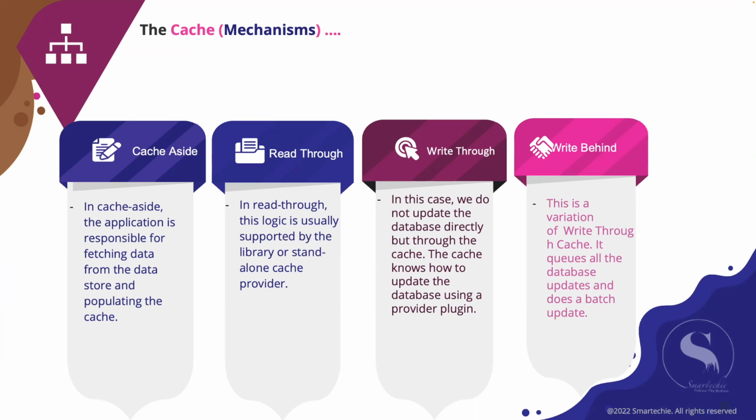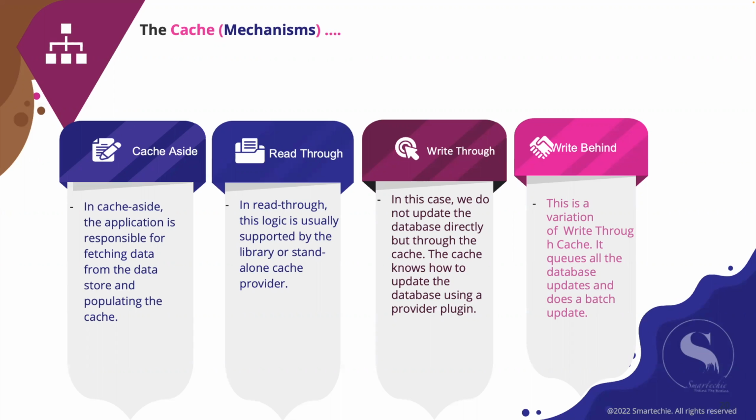So the first mechanism is the cache aside model. In this model, the application requests data from the cache using a key. If the cache has the data, it returns it to the caller immediately.